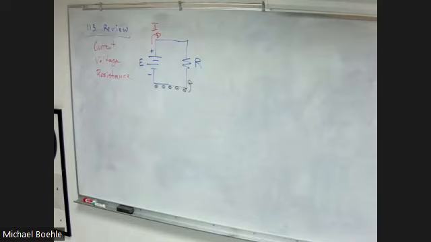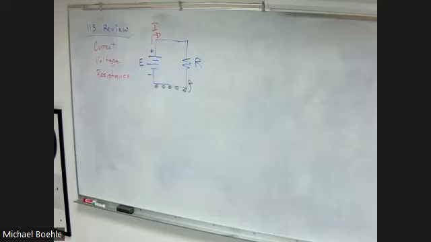Now, when it comes to AC, well, that means what? If the polarity reverses, that means the current reverses as well. Hence, what does AC stand for? Alternating current. That alternating current results from alternating voltage.